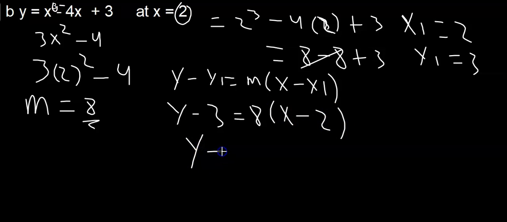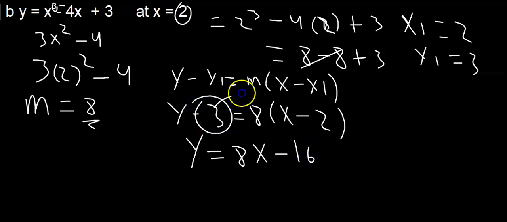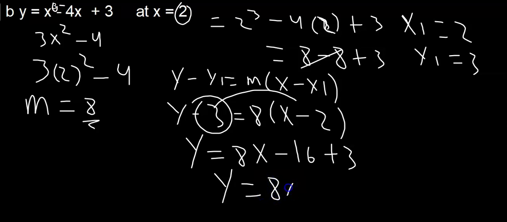So 8 times x is 8x, and 8 times 2 is 16, so 8x minus 16, and when you bring the 3 over it becomes plus 3. So the final answer, the equation of the line, is y equals 8x minus 13. This will be the last answer for this specific example.